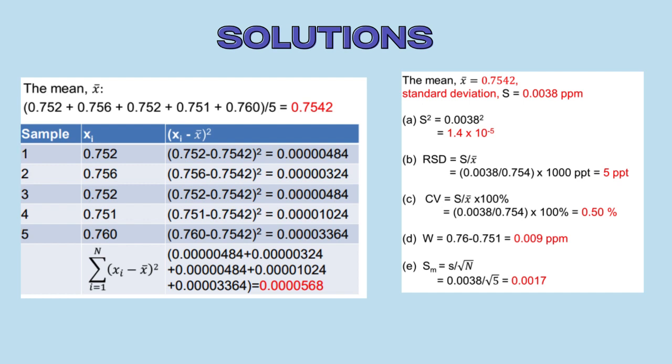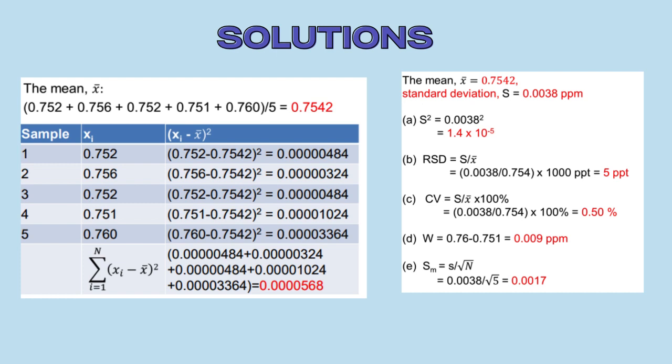Next, the variance. How do we calculate the variance? The variance formula is the total of x minus the mean, to the power of 2. The total value is 0.0000568.